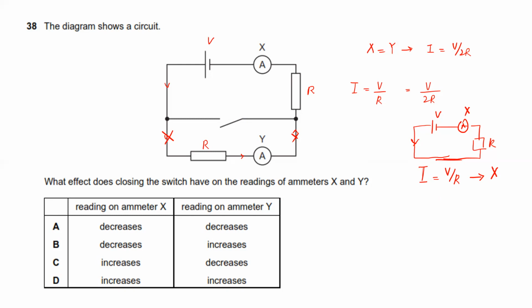It increases, or it doubles. So reading on X increases. Reading on ammeter Y decreases, or it goes to 0. So reading on ammeter X increases, ammeter Y decreases. So answer C is the right choice we have.